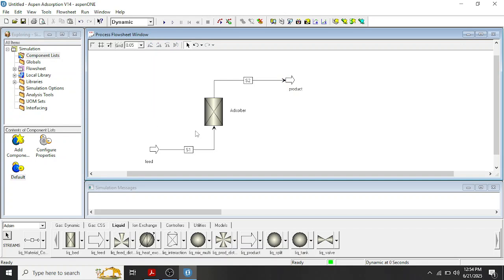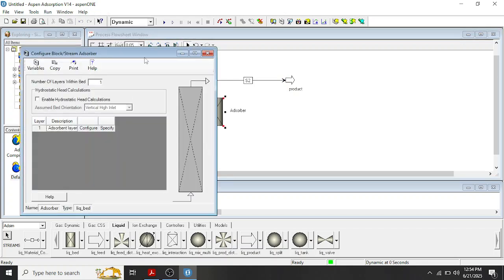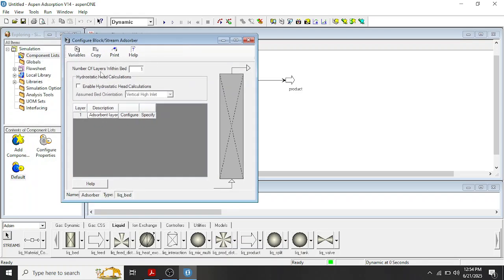Now we will go to the bed. Double click on the adsorber, and here you can see the number of layers within the bed. The number of adsorbent layers inside the fixed bed column is 1. So there is one layer of activated carbon material inside the column.